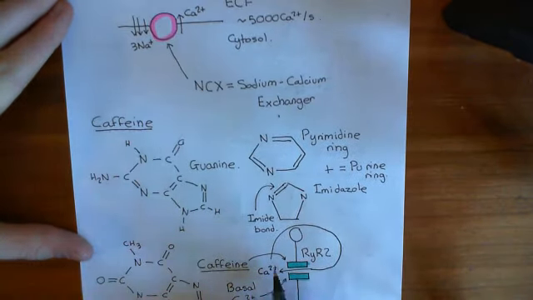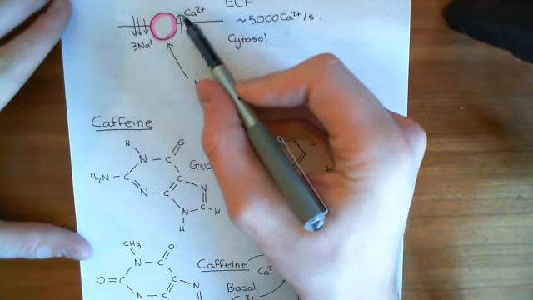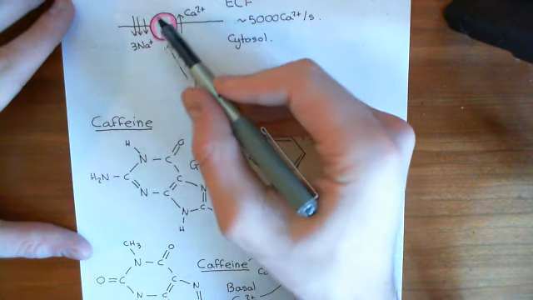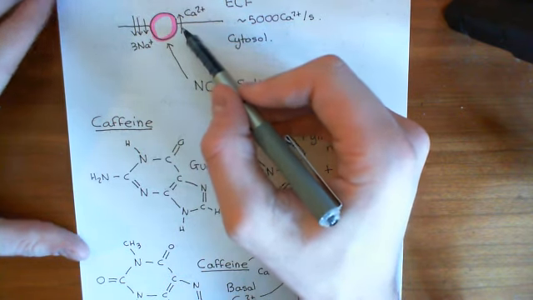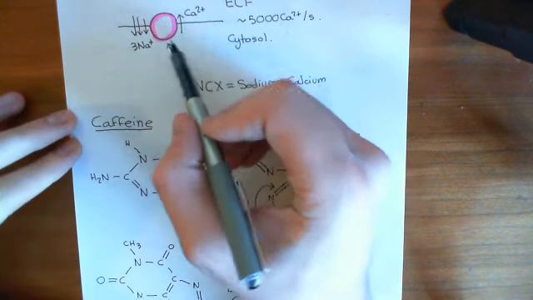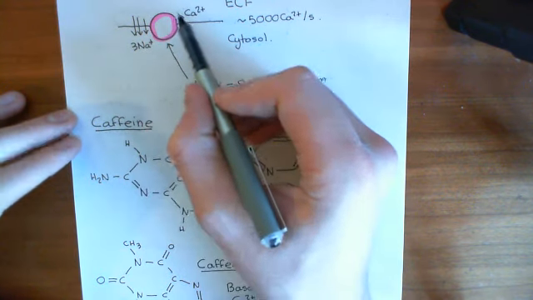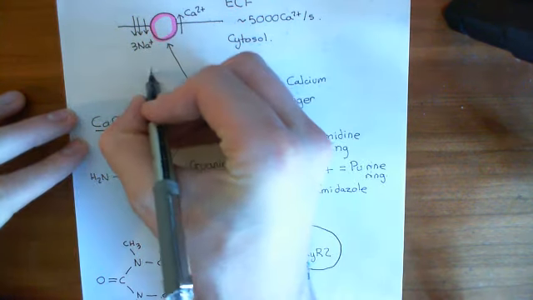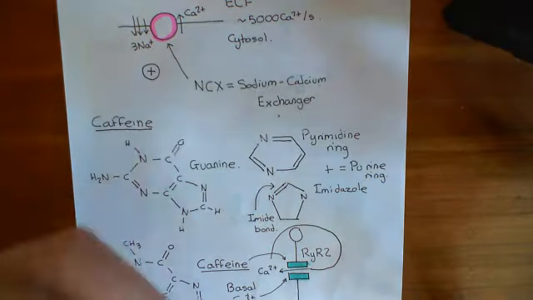So basically this calcium is going to be moved out of the cytoplasm of the cell into the extracellular fluid by the NCX pump. And we can measure the activity of the NCX pump. Why? Because it's electrogenic. It's moving 3 sodium ions in and 1 calcium out. Therefore, it moves 1 positive charge into the cell every time it works.